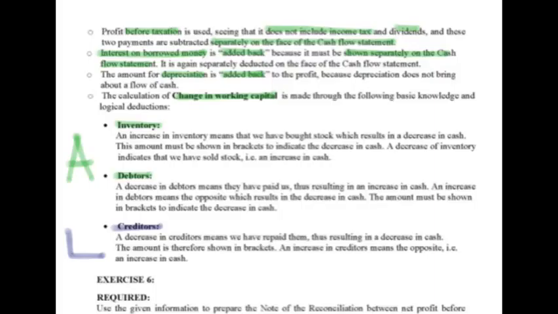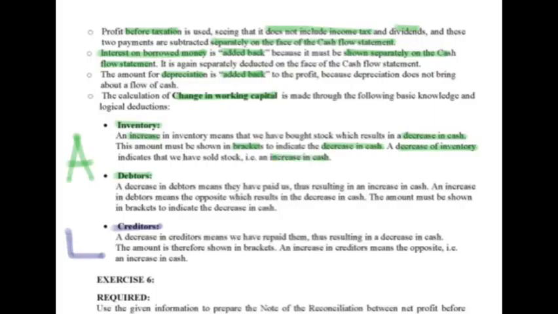So, with that in mind, an increase of inventory means that we have bought stock, which results in a decrease of cash. The amount must be shown in brackets to indicate that there is a decrease in cash, otherwise known as an outflow. The opposite to that, a decrease in inventory, indicates that we've sold stock, therefore increasing my cash.